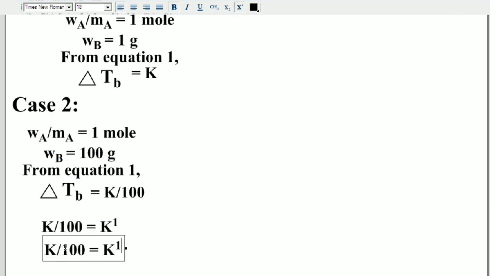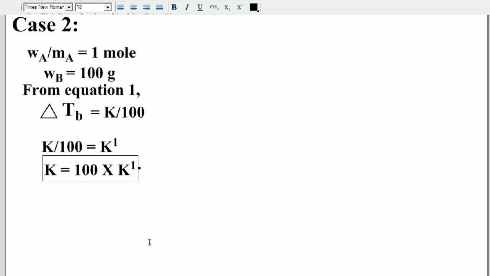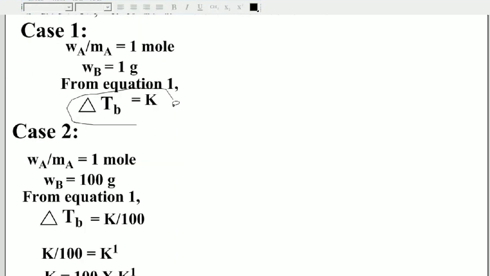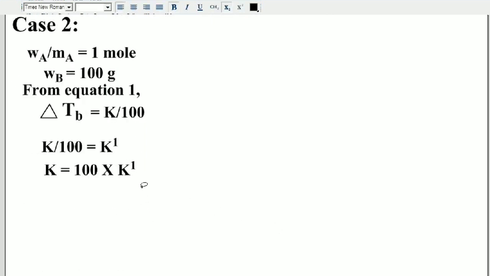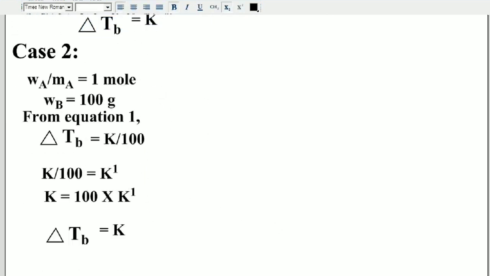That implies K is equal to 100 into K dash. Therefore for case 2, delta TB is equal to 100 into K dash, where K dash is known as the molecular elevation constant.